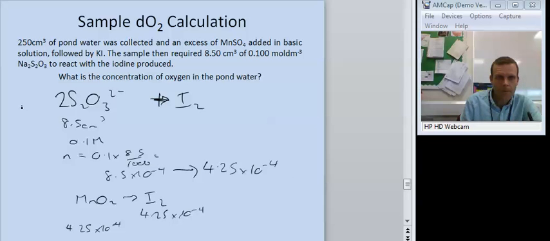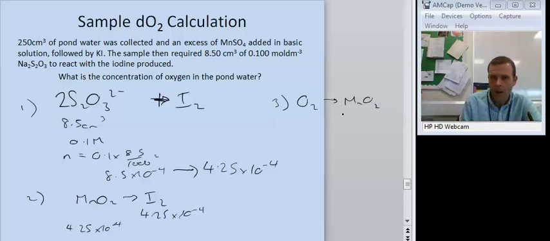And then, so that's my first thing, second thing, third thing, I've got my oxygen and manganese dioxide relationship, and that was a 2-to-1. So if this is 4.25 times 10 to the minus 4, then the oxygen is going to be half that, which is 2.125 times 10 to the minus 4. And you can see maybe there with those two halvings we've got that 1-to-4 ratio.